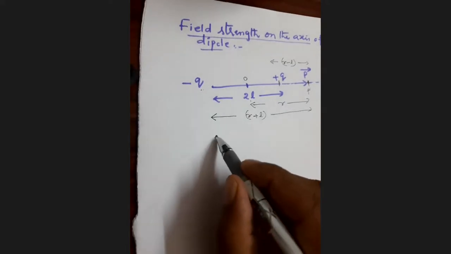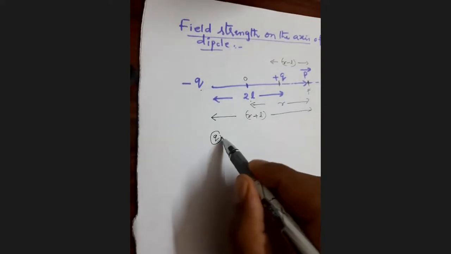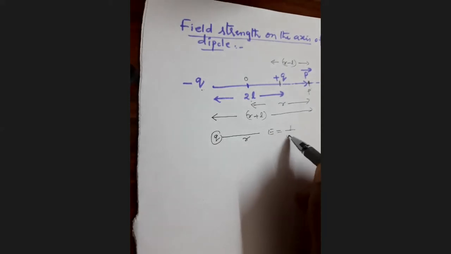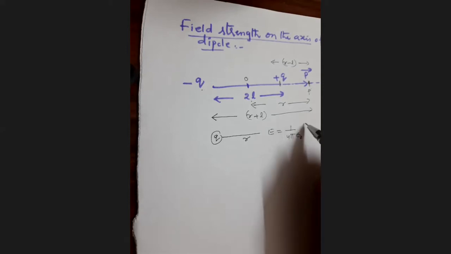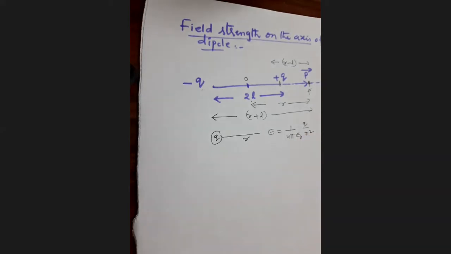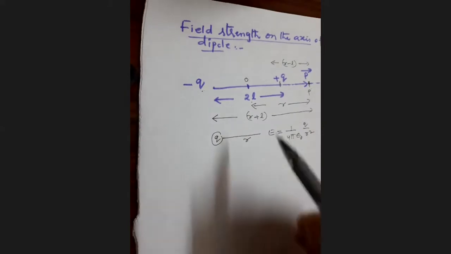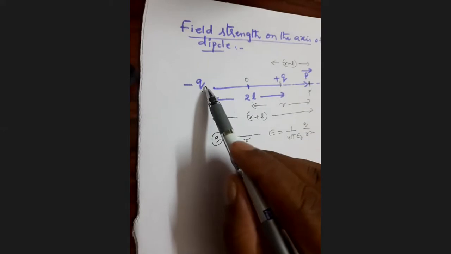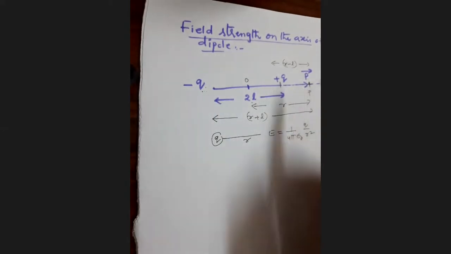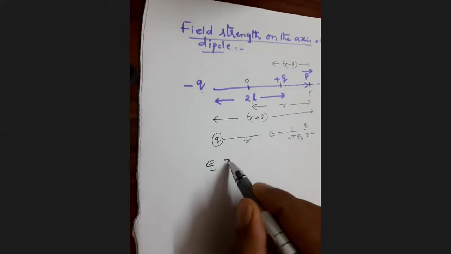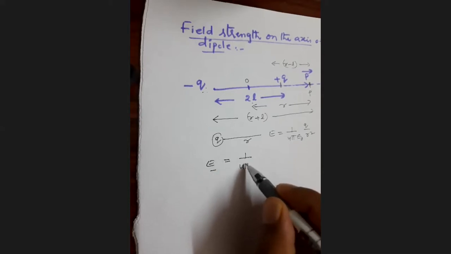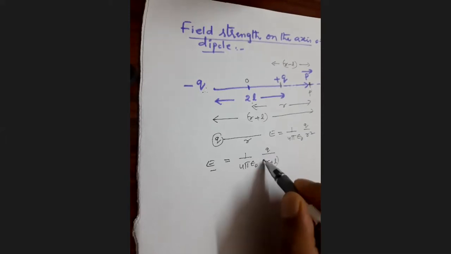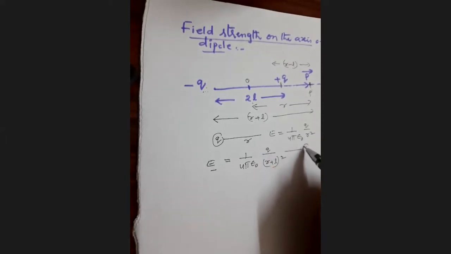We know that field strength due to the point charge q at the distance r, E is equal to 1 by 4 pi epsilon naught q by r square. Let us apply this formula here. Due to the minus q, the field strength at this point we are writing E minus is equal to 1 by 4 pi epsilon naught q by (r plus L) whole square, is equation 1.